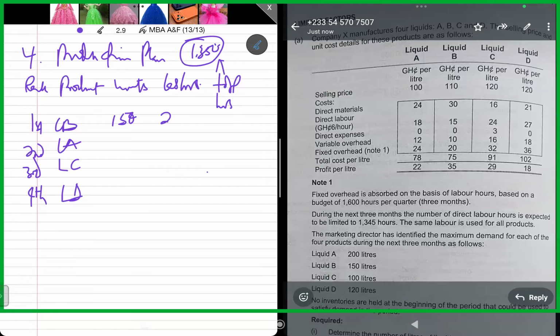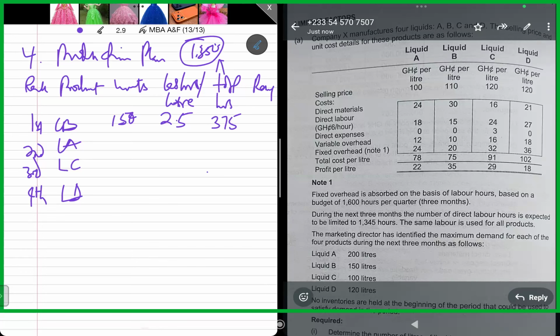So multiply 2.5 by the 150. See, this is labor hours per liter. Let me put per liter here. So we need 2.5 hours to produce 1 liter. So by 150, 375. If you wish, this total labor hours, you can write here remaining. So 375 out of 1,350.